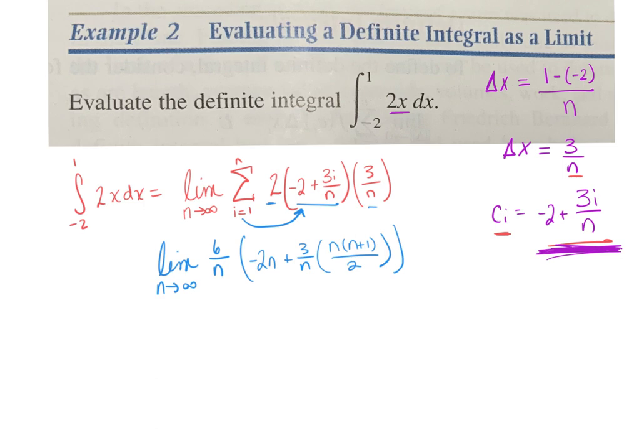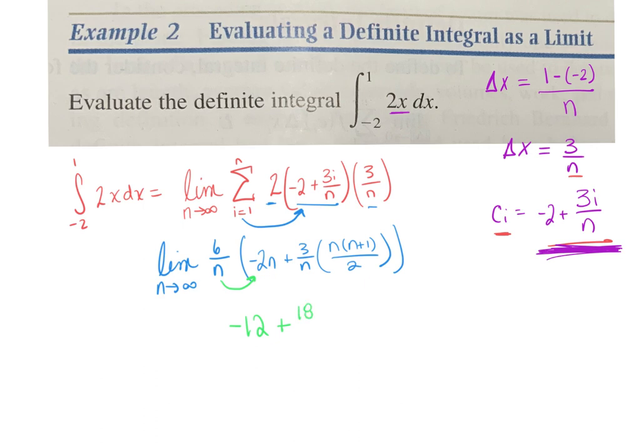Now, at this point, you probably want to distribute that 6 over n through so that you can see what's going on as you do that. You may do it a different way, but I'm going to go ahead and actually put him through here. 6 over n times -2n is going to give me what? Just -12. My n's are going to cancel, right? And then this is going to be plus 6 times 3.